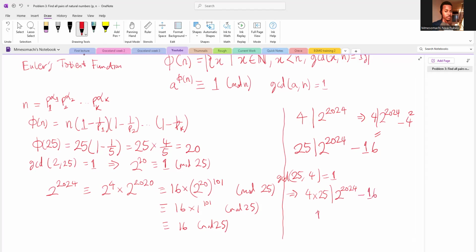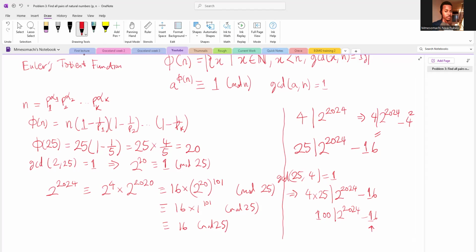So 100 divides 2 to the power of 2024 minus 16. It means this number ends with 16. But we just want the second digit from the right, so that will just give us 1.